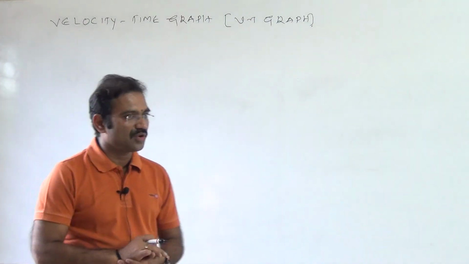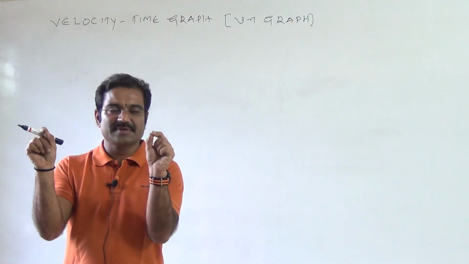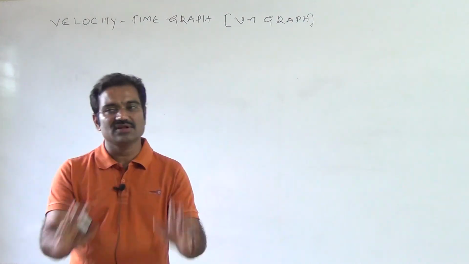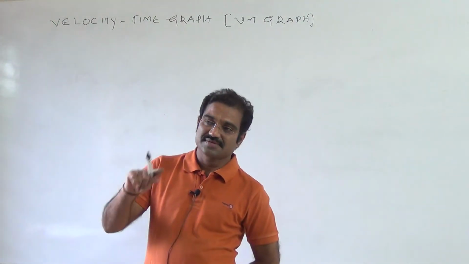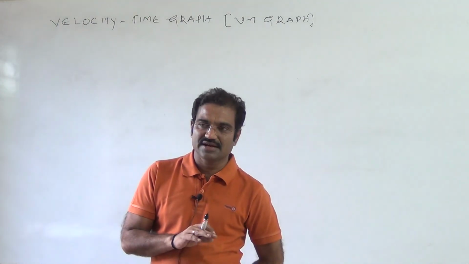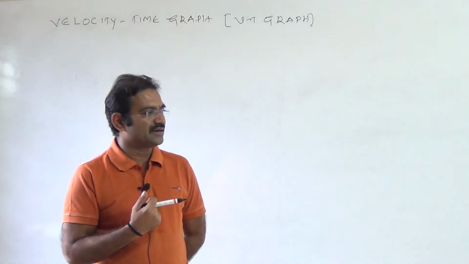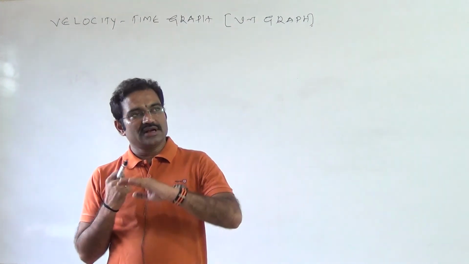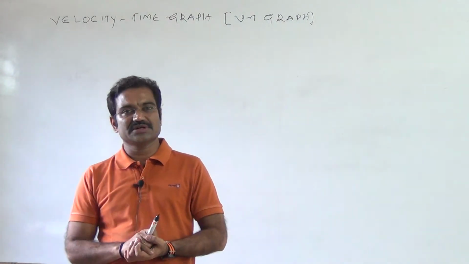What is uniform velocity? If the particle describes equal displacements in equal intervals of time, then we call that uniform velocity. If the particle describes unequal displacements in equal intervals of time, then we call that a variable velocity. And the particle's total displacement divided by total time, we call that average velocity.